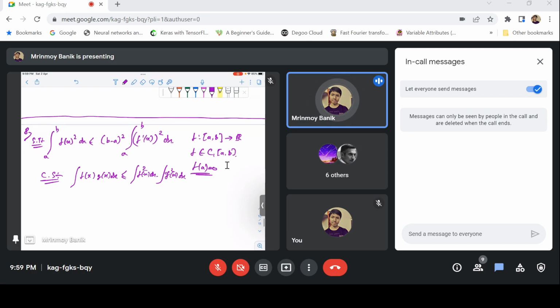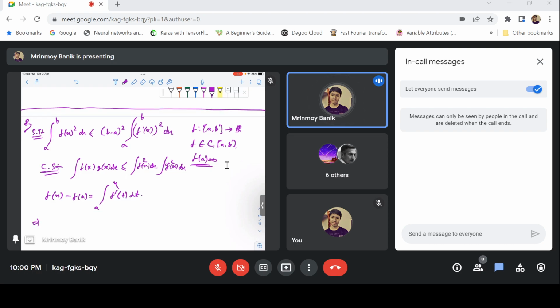So we first know from the fundamental theorem of calculus that f(x) minus f(a) is the integral from a to x of f dash t dt, right?